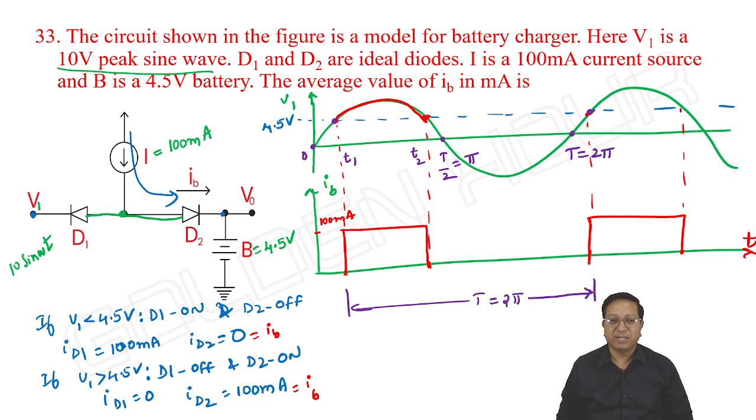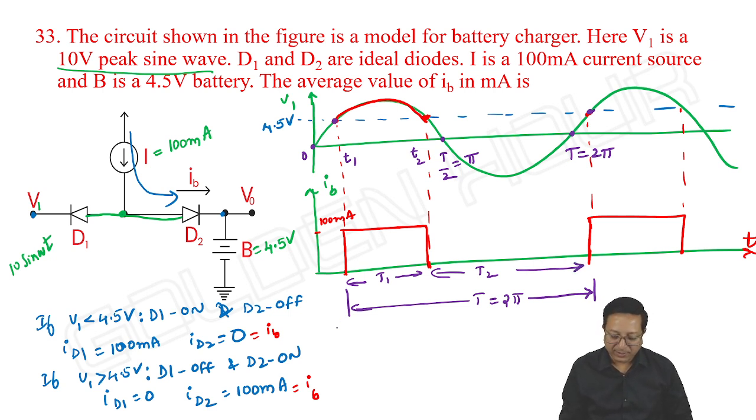Period of IB is known. Then how do we define IB further? Let me take this into two parts. This is capital T1. Capital T1 is completely different from small t1. This is T1 and this is T2.